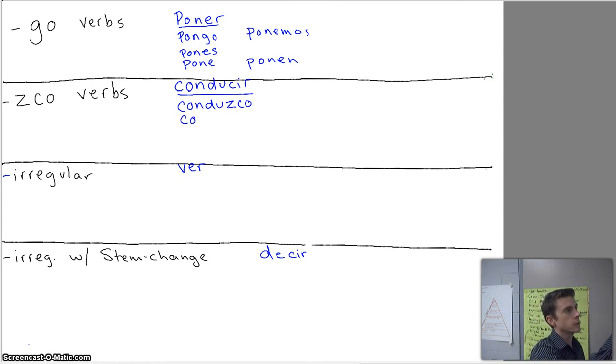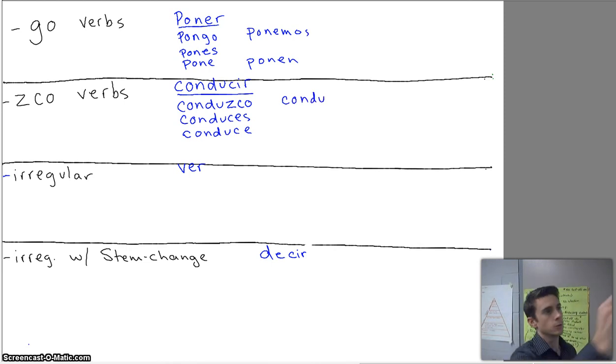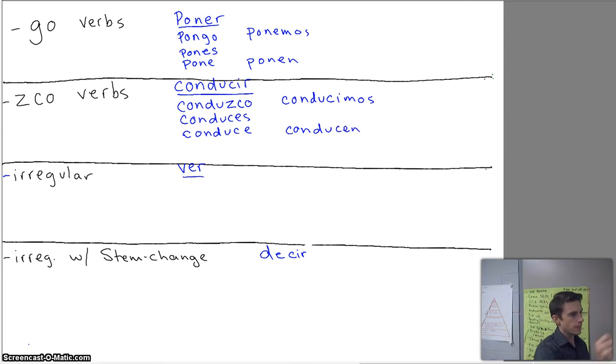So it becomes conduces, conduce. And what type of verb is this? As far as endings go, it's an IR verb. So our nosotros form will be conducimos, and then our last form will be conducen. Very good.